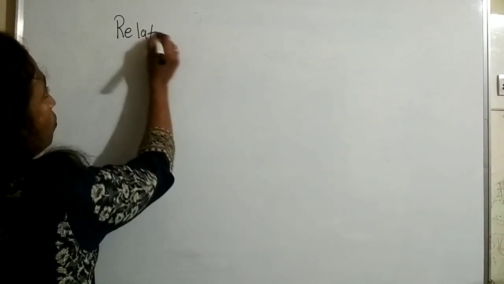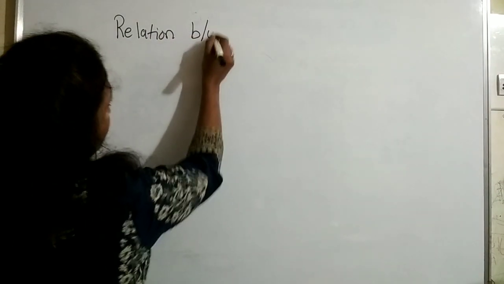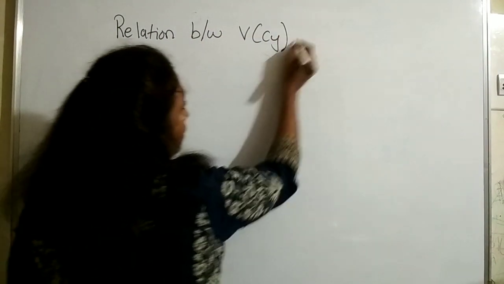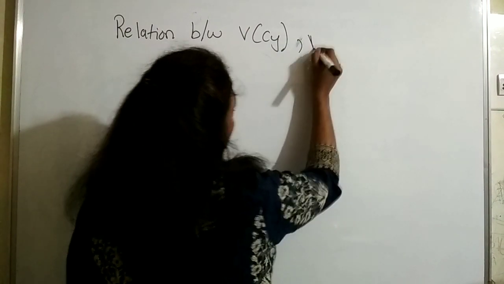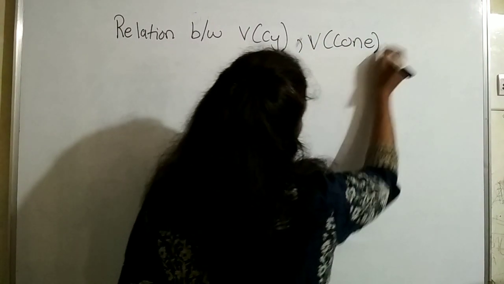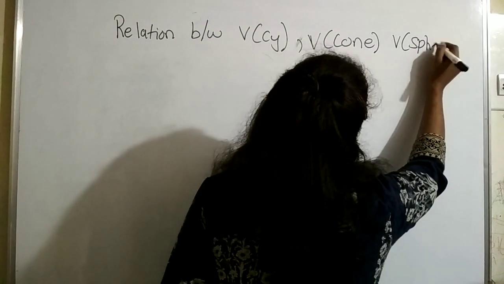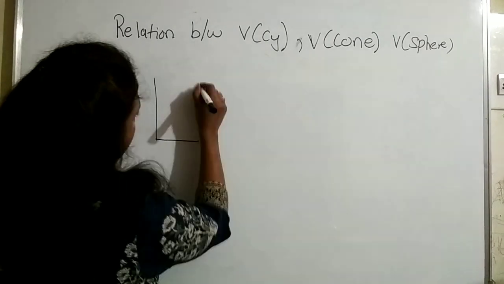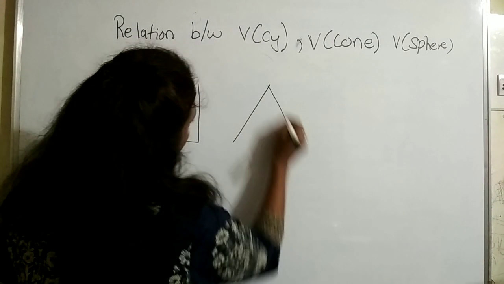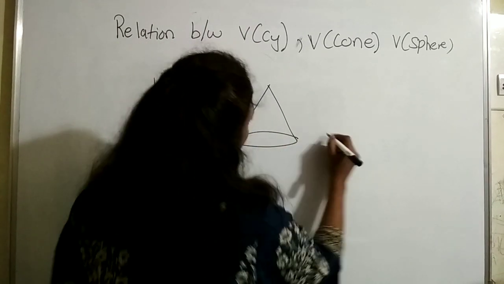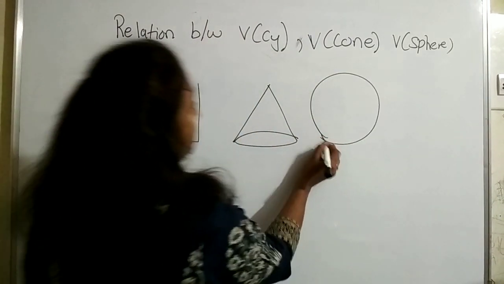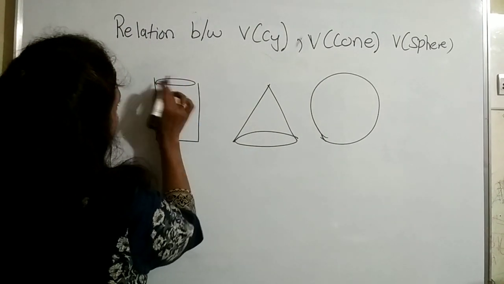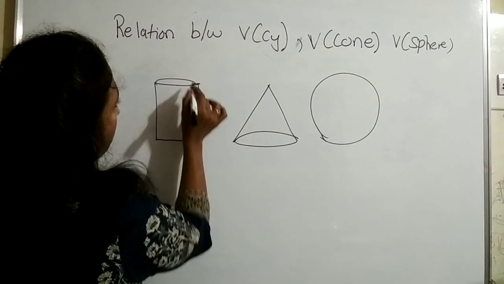We can also derive that there is a relation between the volume of a cylinder, the volume of a cone, and the volume of a sphere. To explain this, I have taken a cylinder, a cone, and a sphere, just to derive the formula and quickly explain.